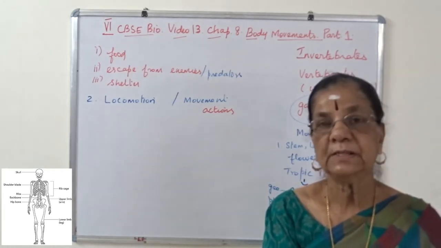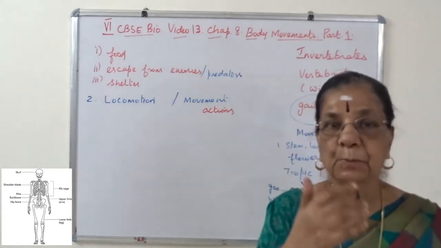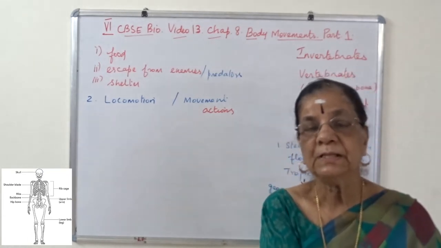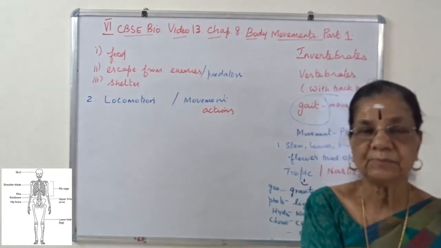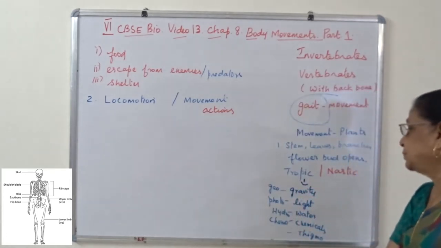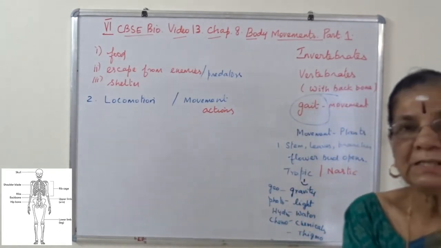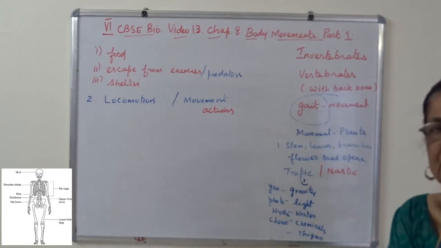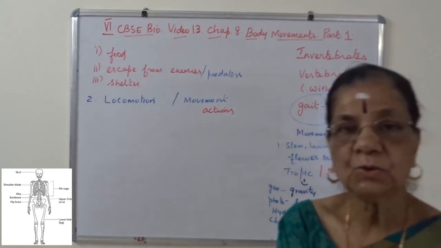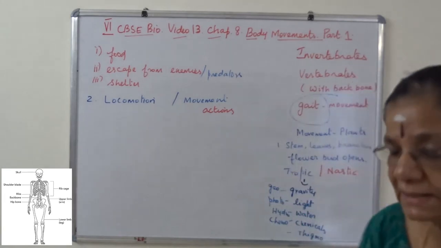Same way, when the shoot system, the stem and above, its branches and leaves, grows towards the light, it is phototropism. And some plants grow in water, that shows hydrotropism.